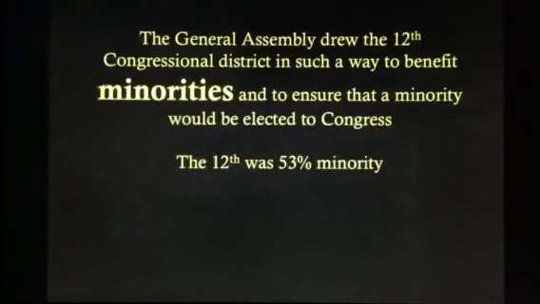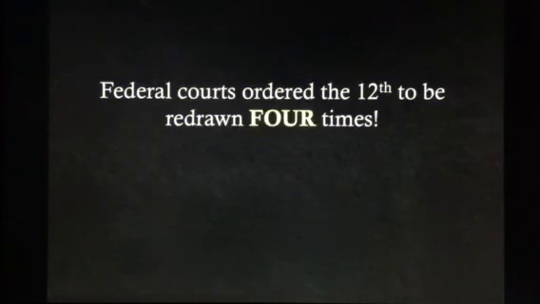The General Assembly drew the 12th Congressional District in such a way as to benefit minorities and to ensure that a minority would be elected to Congress. The 12th Congressional District was 53% minority. The federal courts ordered the 12th to be redrawn 4 times. Federal courts ordered the General Assembly to redraw the 12th because it was just obscenely gerrymandered.